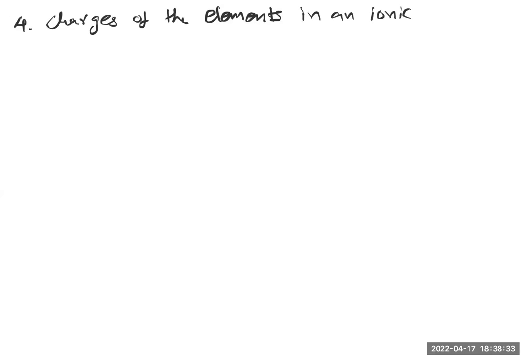The fourth thing we discussed in class: charges of the elements in an ionic compound. Okay, so I want to see if I can do something here. If I can, let me see, share.